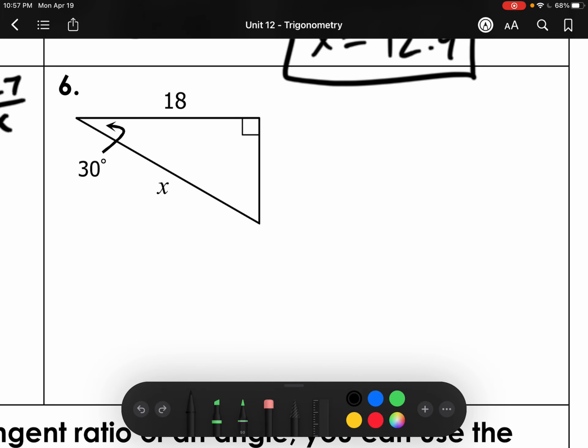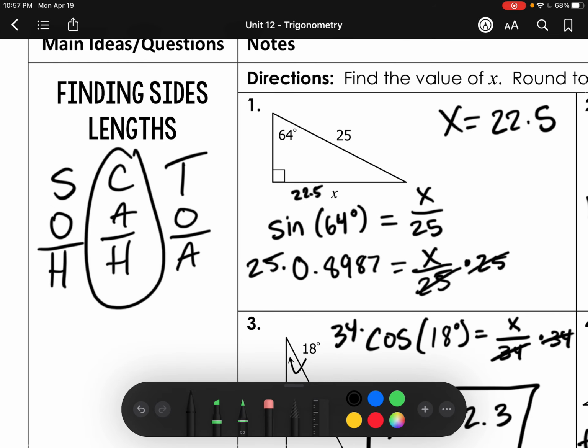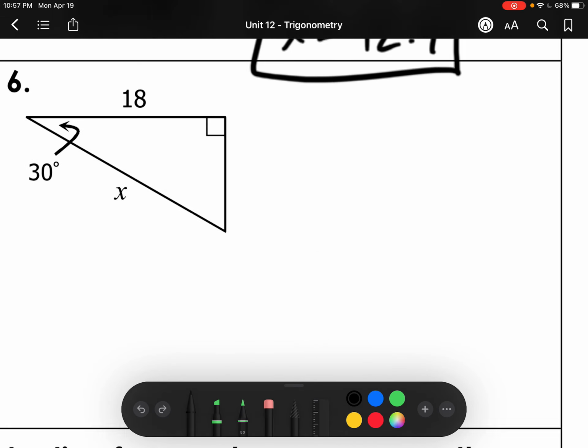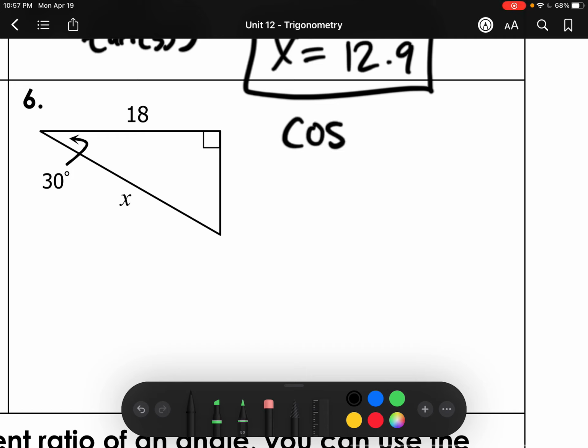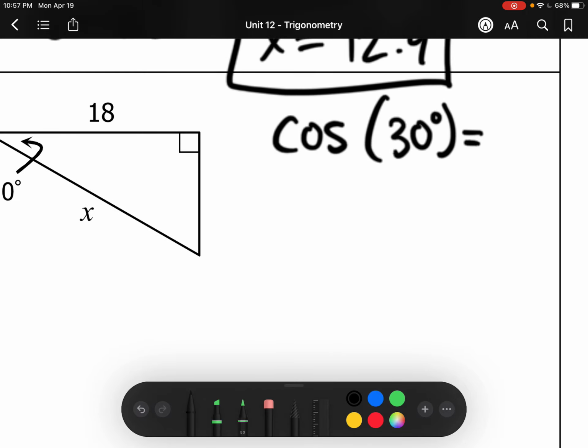So for number 6, we have 30 degrees. We're given this 30-degree angle, and we're given this side, which is the adjacent side, and we're looking for the hypotenuse. So adjacent and hypotenuse is cosine. So we're going to do cosine of 30 degrees is equal to adjacent over hypotenuse.